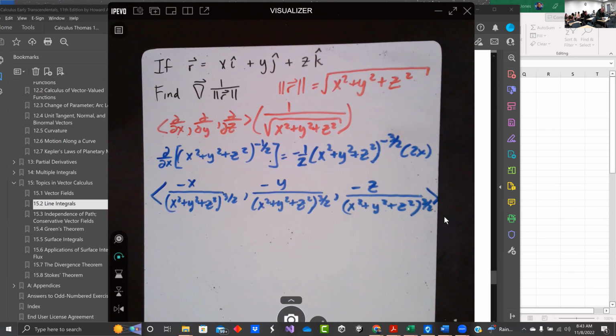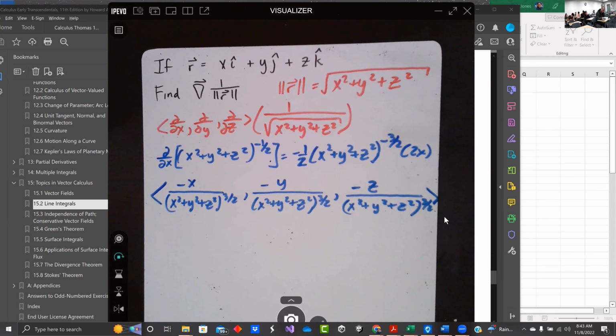So right now, this is what we're looking at: the gradient of 1 over the magnitude of r. If I factor out a negative, I've got a negative out front, and 1 over the norm of r cubed, doesn't it? And then I've got x, y, z, because I factored out the negative and the denominator.